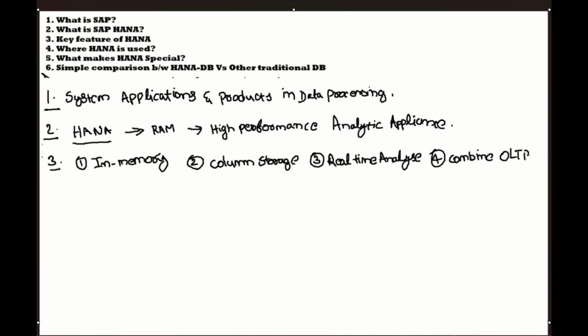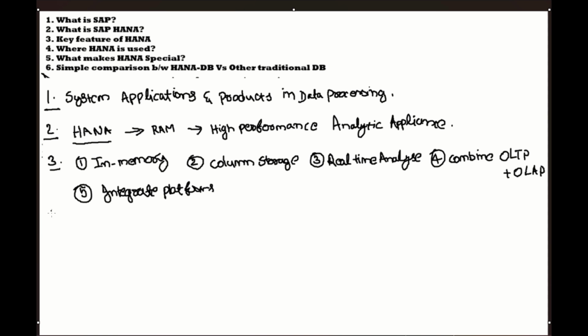OLTP means online transaction processing, OLAP means online analytical processing. We can do both at once. The fifth best feature is integrated platforms. These are the five key features of the HANA database.